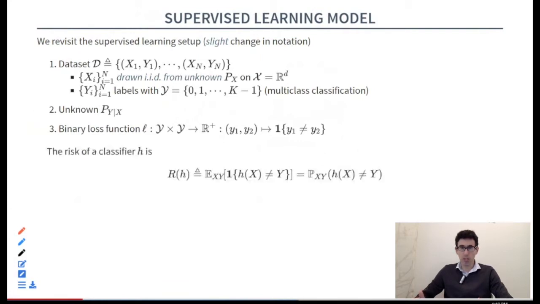Now, with my new notation, we can express the true risk of a classifier H as follows. It's going to be the expected value over the random variables X and Y, which have a joint distribution Px, Py given x, of the loss, which is this indicator function, H of X not equal to Y. And as we have discussed extensively in the previous lectures, it takes here the specific form of a probability.